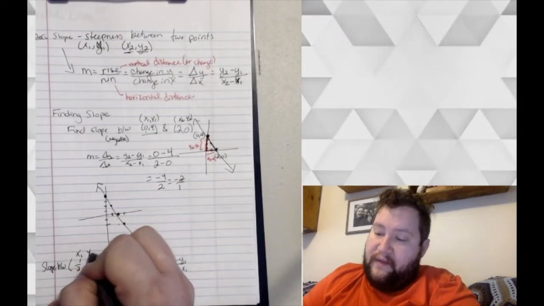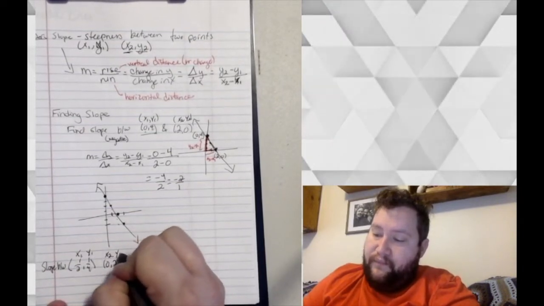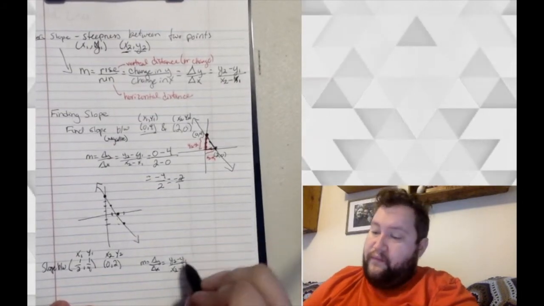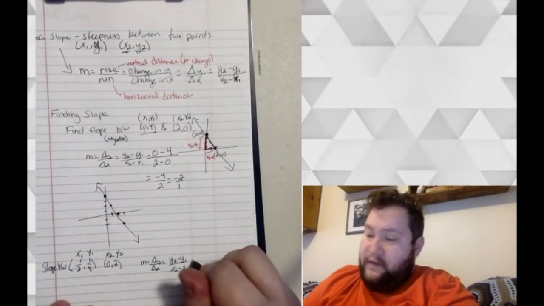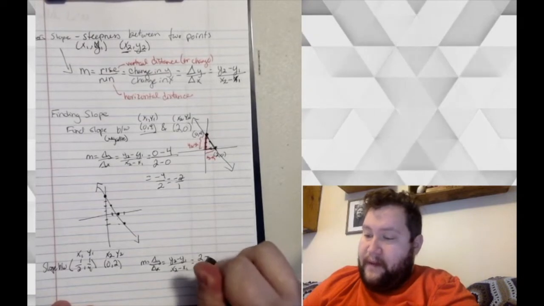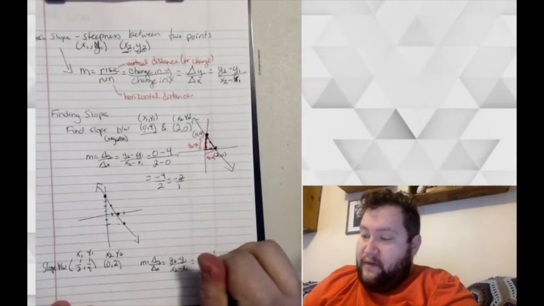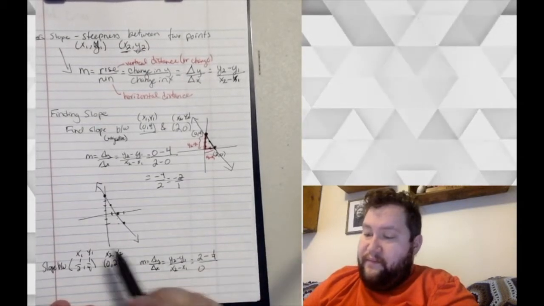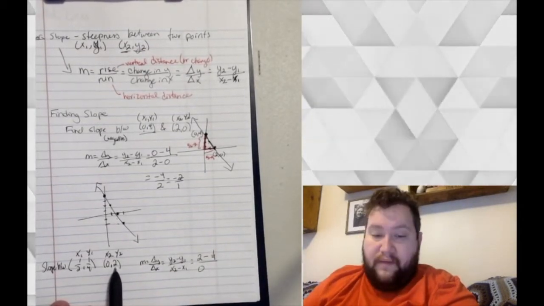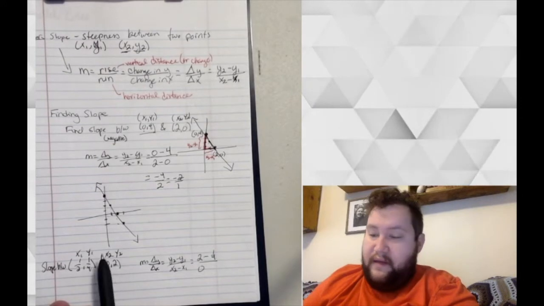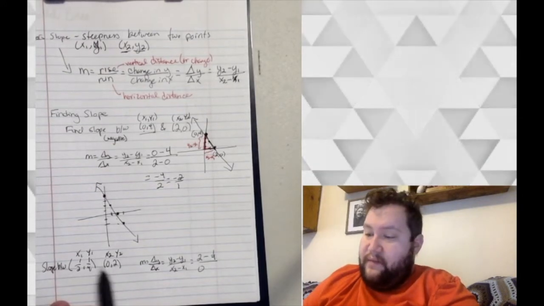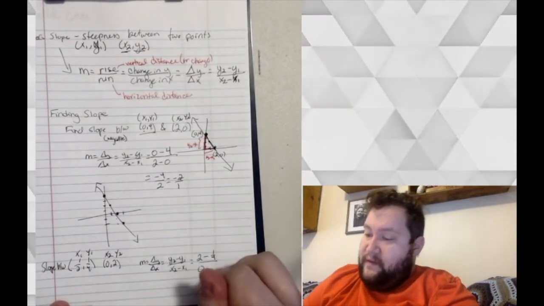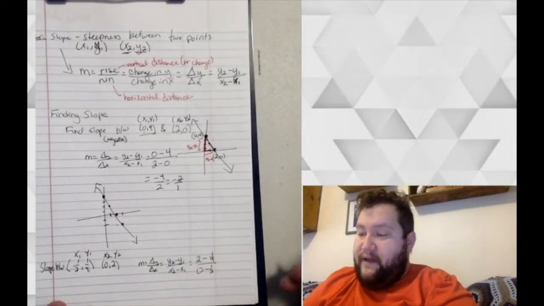So let's give these names. y2 is 2 minus y1 is a quarter over x2 is 0 minus x1, 1/2.